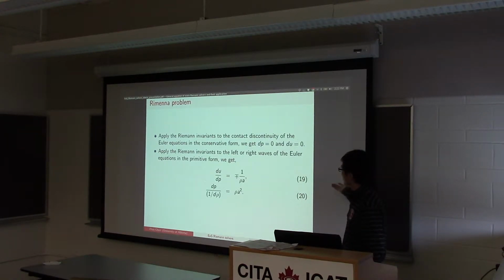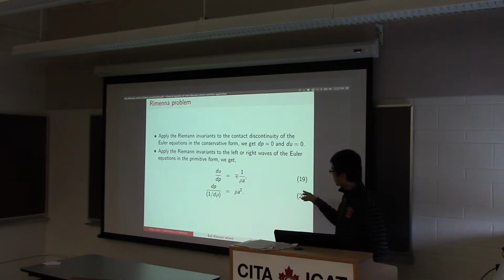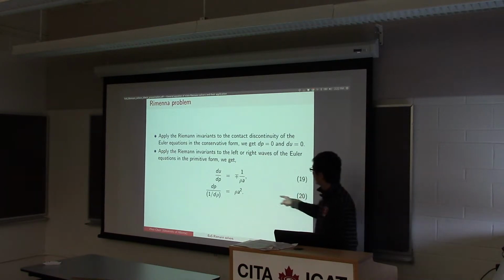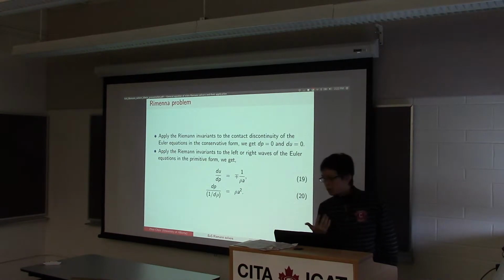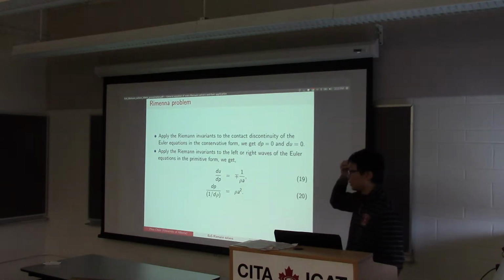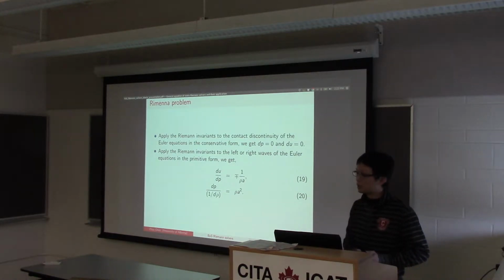And we also apply it to the left or right nonlinear wave, because there are 3 waves. We apply it to the nonlinear wave, and we get this ODE. This is a relation of pressure and u. And we can see that the velocity u might increase or decrease. So that poses trouble when it reduces to something like Burgers' equation.